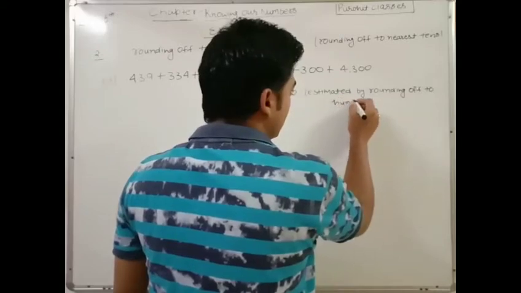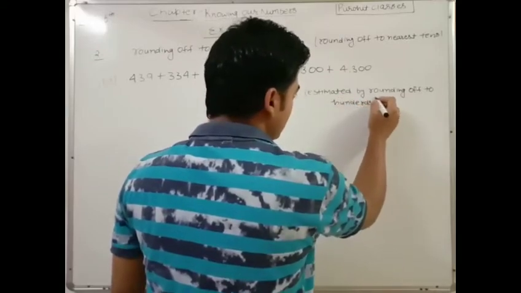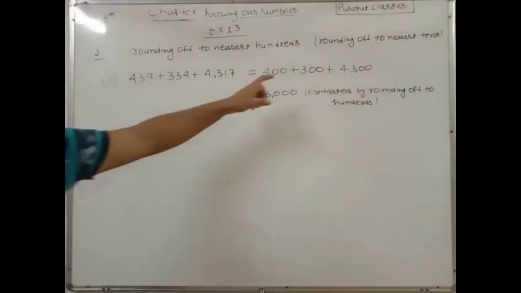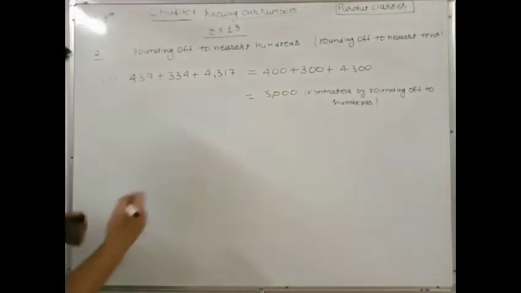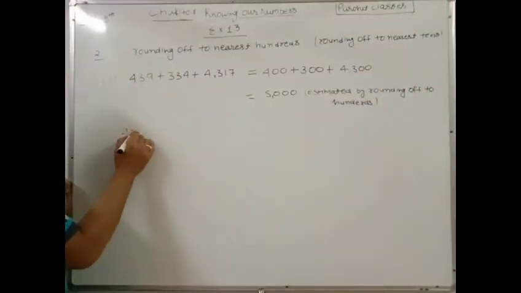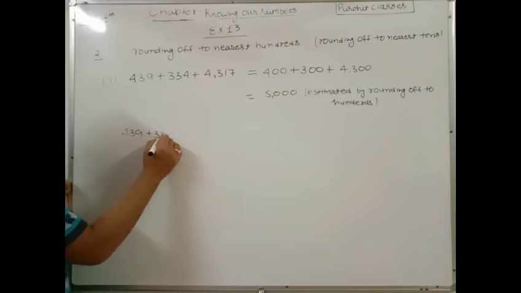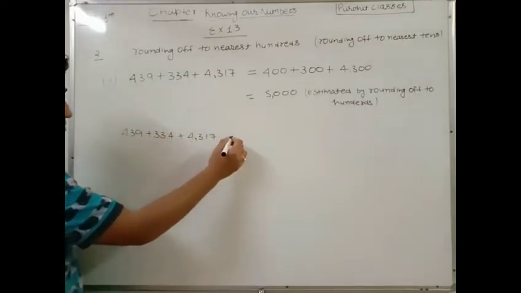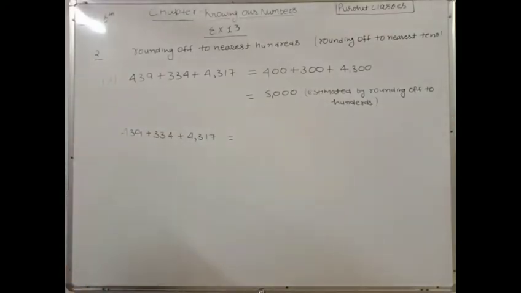This is the answer or estimation when we have estimated this by rounding off to hundreds. Now again we have to estimate the same question by rounding off to nearest tens. So let's see again: 439 plus 334 plus 4317 is equal to, okay.